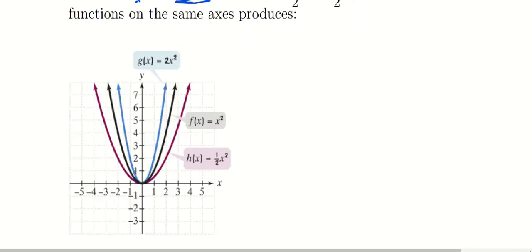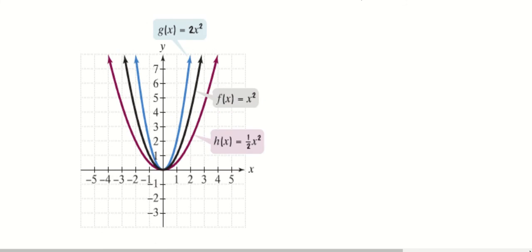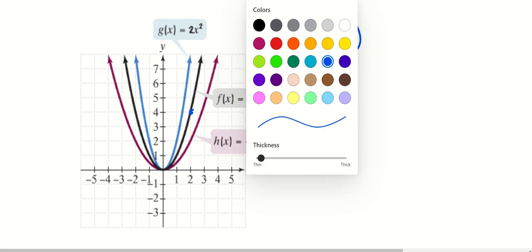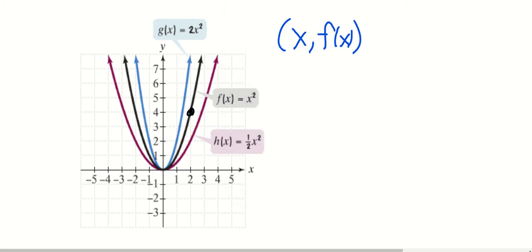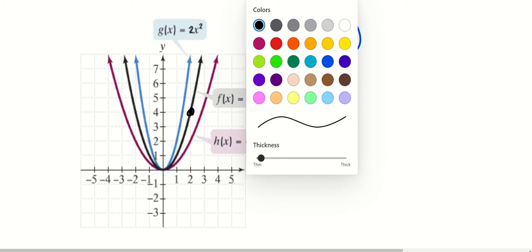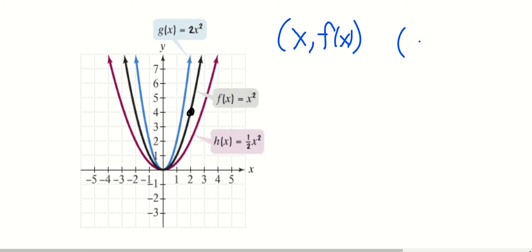To be more precise, if we zoom in a little bit and pick any point on the graph of f of x, for argument's sake, let's look at the point (2, 4), which is represented by this point here in black. If we wanted to look at the corresponding point on the graph of g for the same x value, remember that g of x is twice f of x.